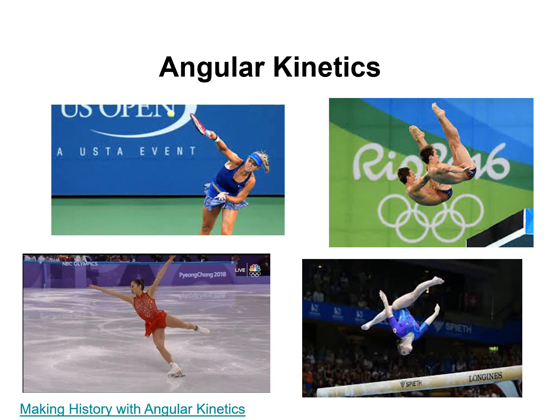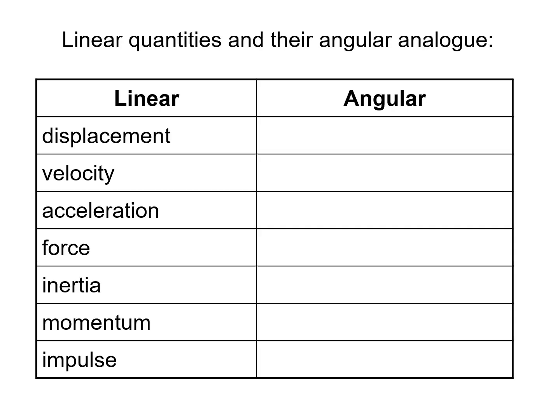While she's in the air, she needs to build up her angular velocity. To do that, we're looking at the angular forces that she is producing here. And she does this by changing her body position. So let's start talking about angular kinetics.